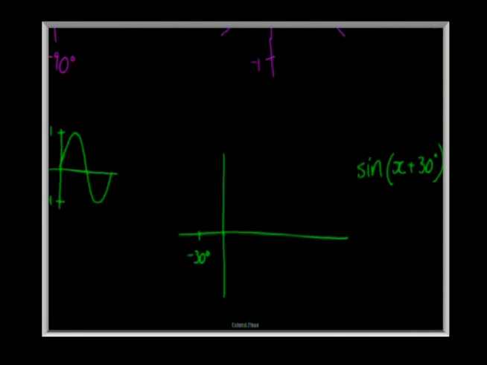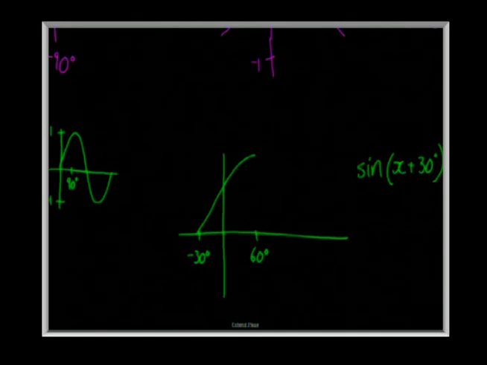That means when it would have reached the top at 90 degrees, it's now going to reach the top at 60 degrees. So it's going to go up, up, up, and reach the top. And instead of intersecting the x-axis at 180 degrees, it's now going to intersect it at 150 degrees.